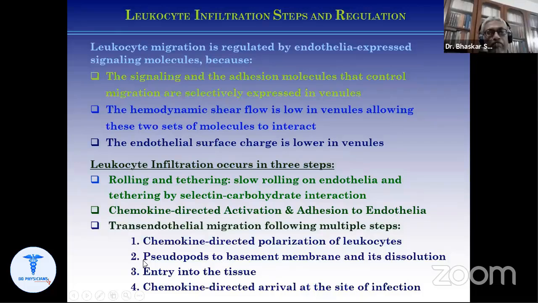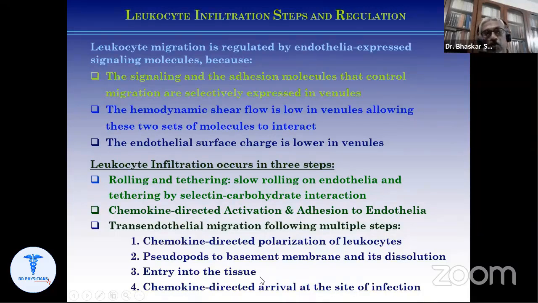Then the pseudopods to basement membranes and its dissolution, because these pseudopods start secreting different enzymes, different hydrolases and matrix metalloproteinases that dissolve the basement membrane, and that is how then they enter the tissue.